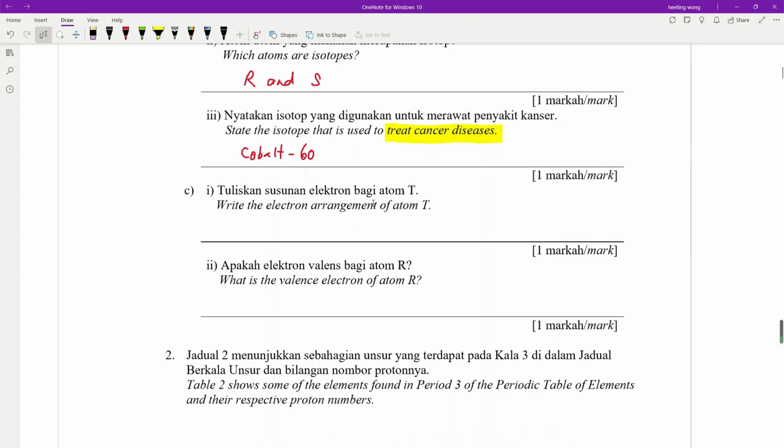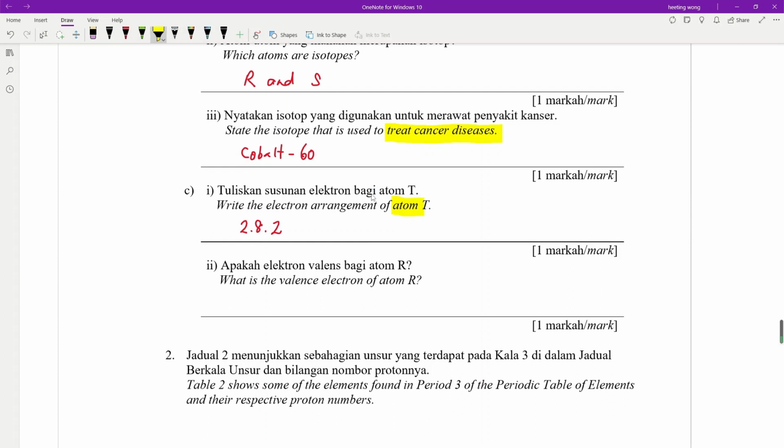Now write the electron arrangement of atom T. Here it is the atom, not the ion. So atom T has 12 protons, meaning 12 electrons. So the electron arrangement should be 2, 8, 2. Now what is the valence electrons for atom R?